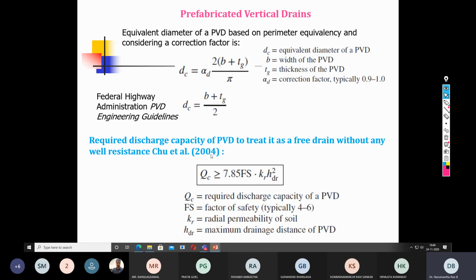This required discharge capacity is to be ascertained before the PVDs are installed at the ground site. FSc is the factor of safety, typically 4 to 6. Kr is the radial permeability of the soil, and Hdr is the maximum drainage distance of the PVD. That is D by 2, De by 2. In fact, half the zone of influence is called Hdr.